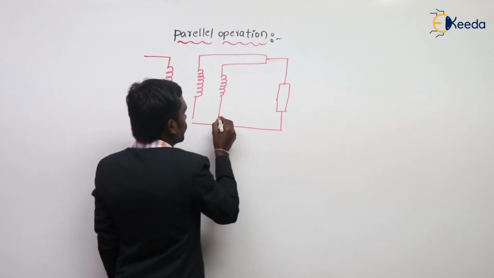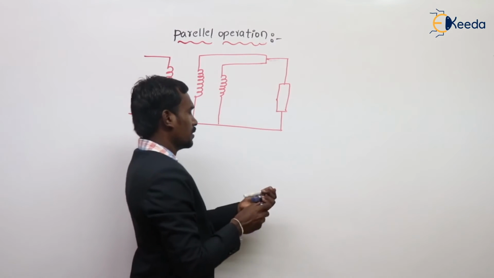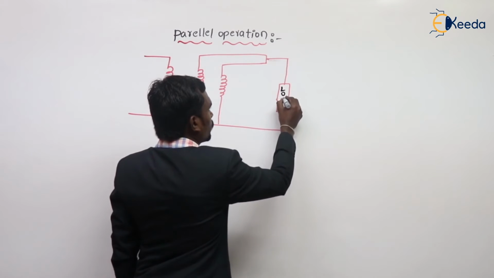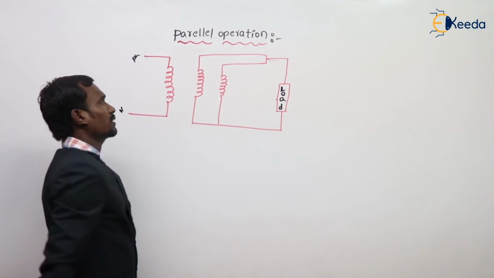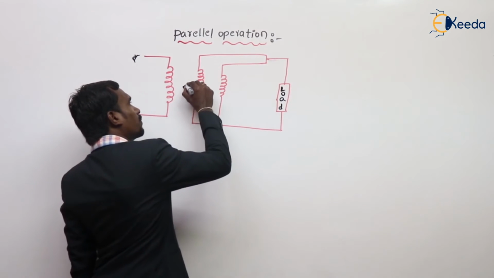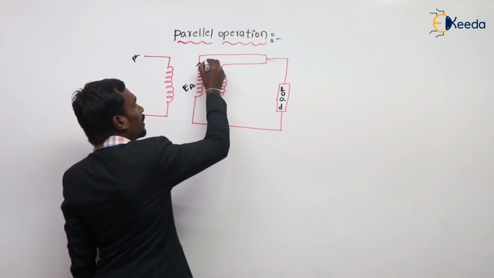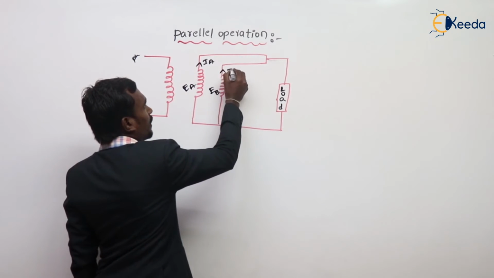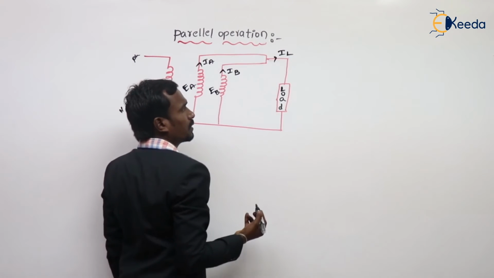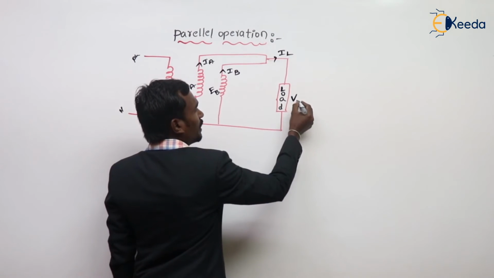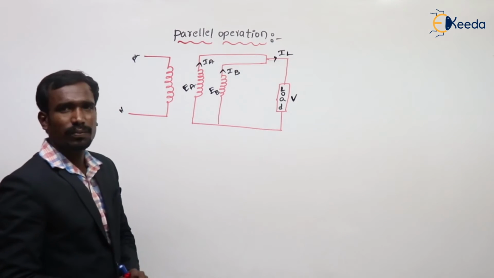This is phase and neutral, because these are single phase transformers. This is transformer A with EMF EA, and this is transformer B with EMF EB. Here the current is IA, and here the current is IB. This is the line current or load current, and this is the terminal voltage V. These two transformers are operating in parallel.